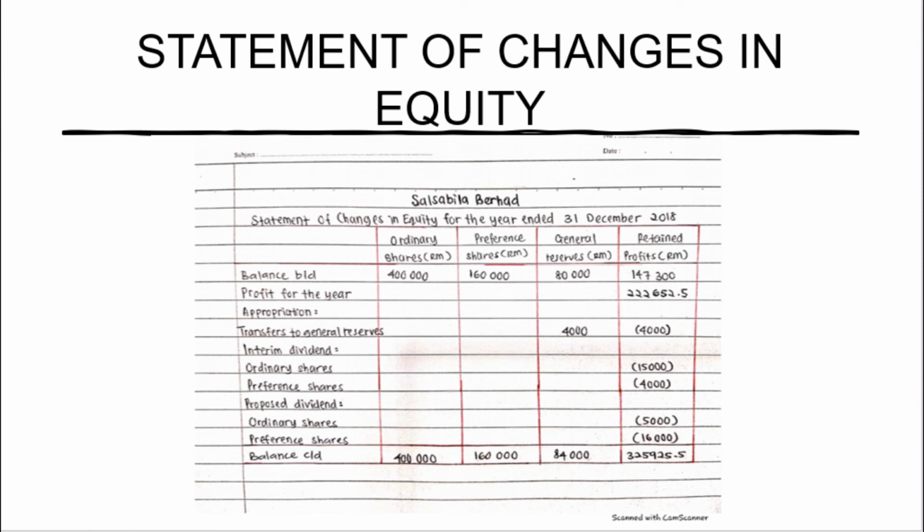To get total of retained profit is balance BD plus profit for the year, subtract transfer to general reserve, ordinary share and preference share of interim dividend, and also minus ordinary share and preference share of proposed dividend, and finally the total of retained profit is 325,925.5. That's all from me. Thank you.